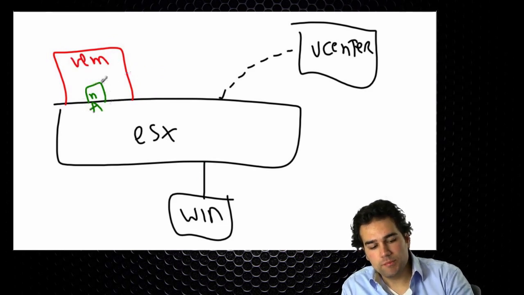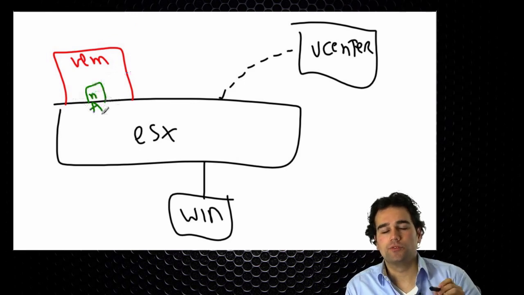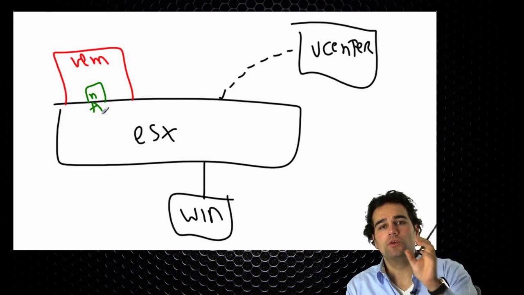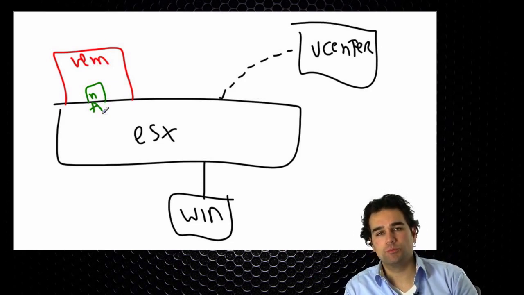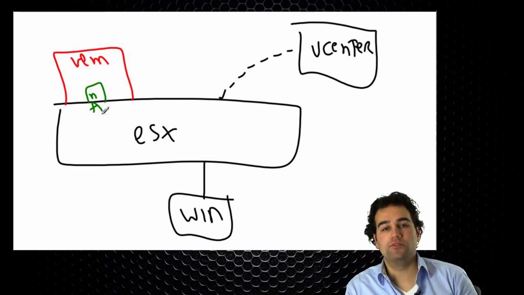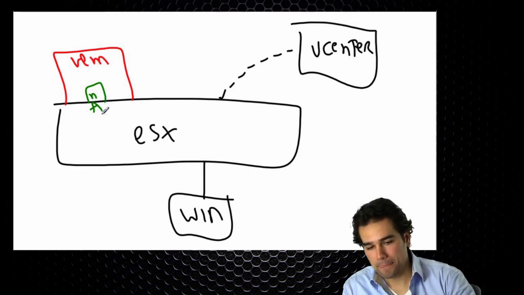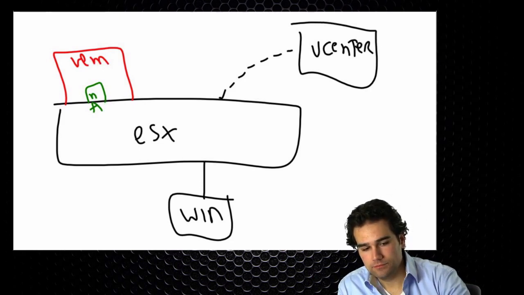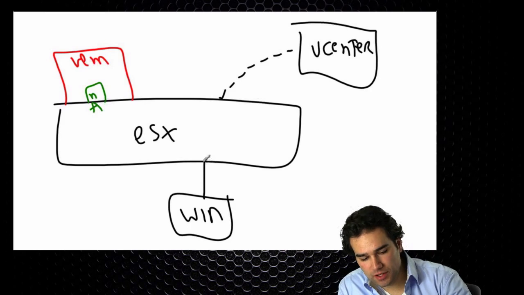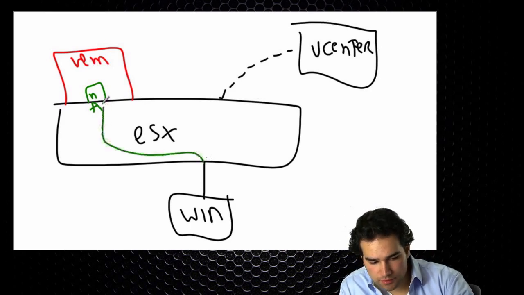This information about network A is learned from the VSM. So from the Nexus 1000V, I learn what kind of networks it supports, and by networks, I mean VLANs. And now, this Windows VM is connected to the network through vCenter.